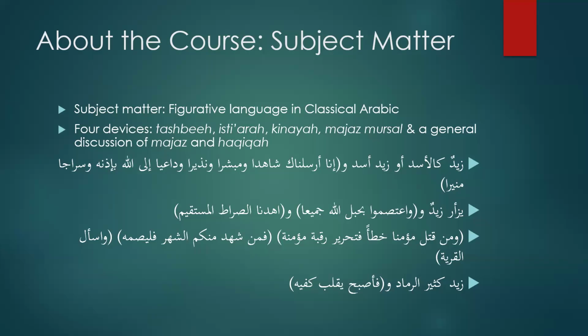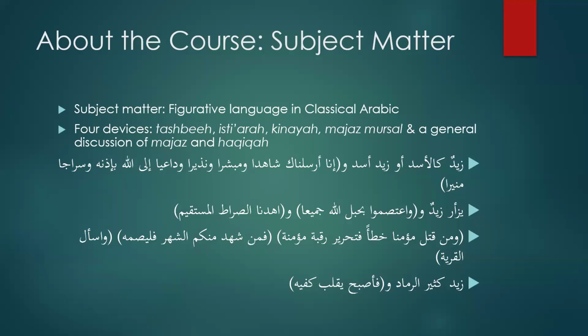Majaz mursal is another type of majaz, but majaz mursal is basically where there's majaz, but it isn't based on an alaqa of mushabaha, but it's based on something else that is incidental.